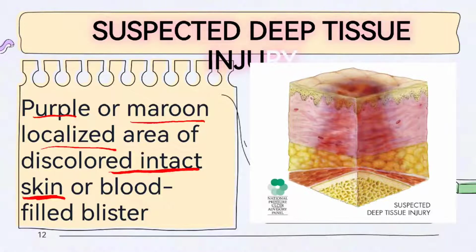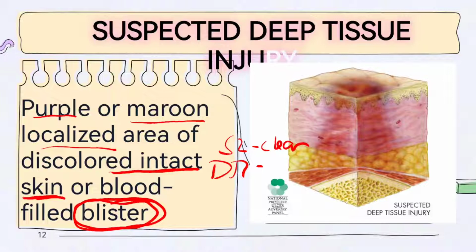Okay, now here also we're gonna talk about blister. Now, there are two types of blister. If the blister is clear, that is stage 2. Now, if the blister is blood-filled, that is deep tissue injury.